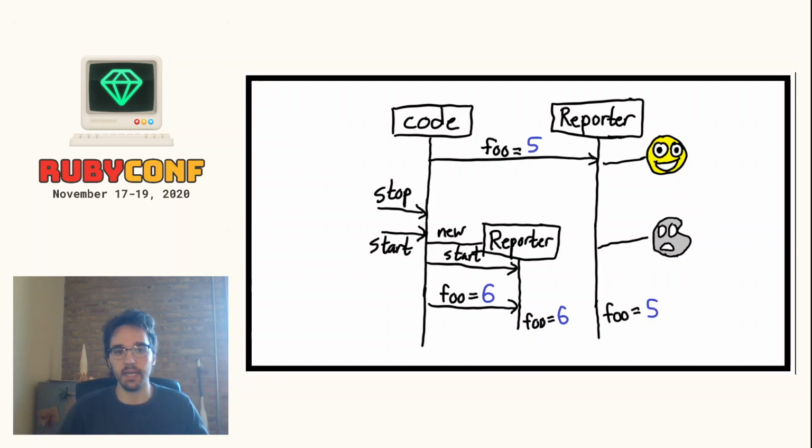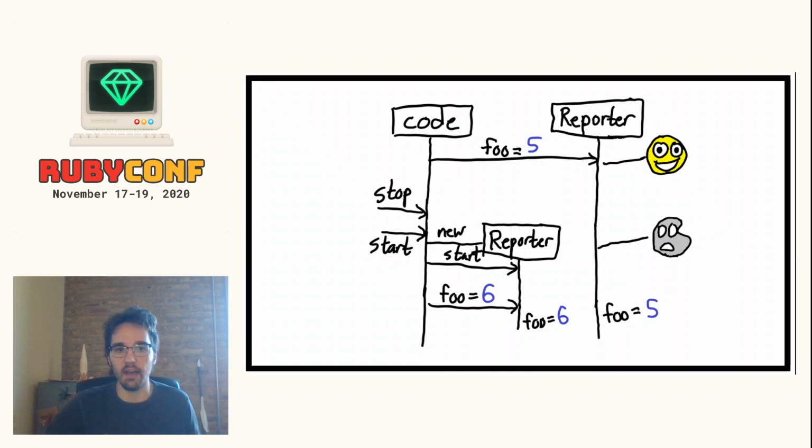So then we would start writing data to that. But the old reporter is still there. So if you look at the top, it starts out as a nice happy reporter. As soon as we forget about it, it becomes a zombie process, a zombie thread. So we have the real reporter saying foo equals 6, and then a zombie reporter saying that foo equals 5.